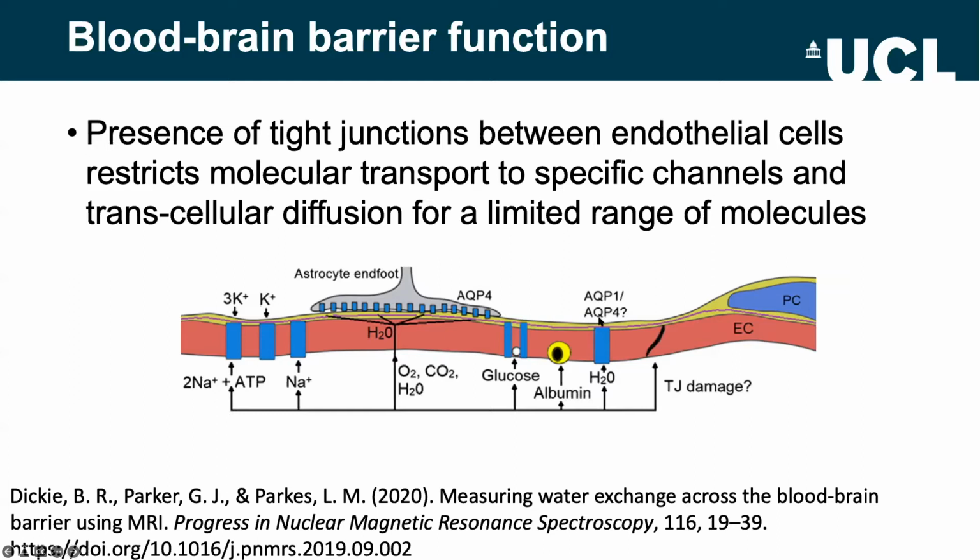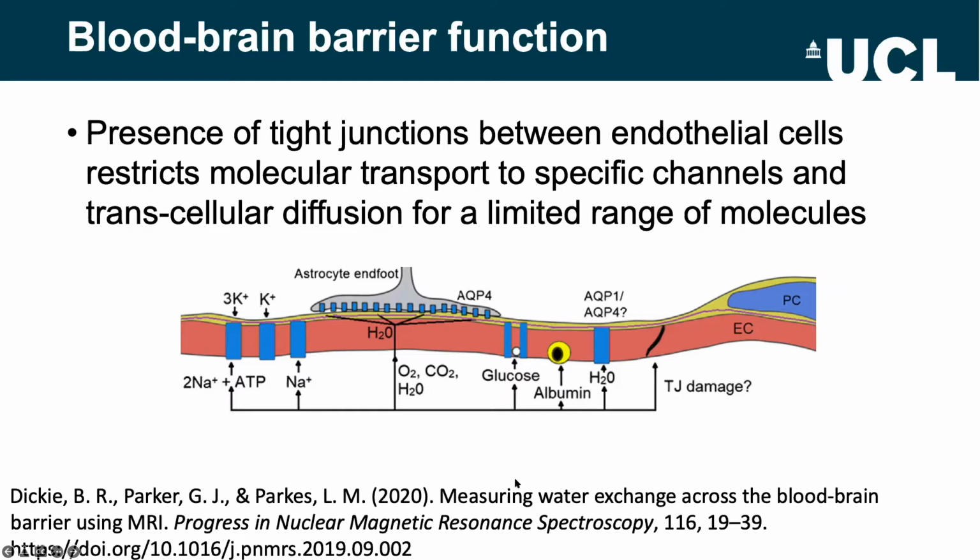This AQ stands for aquaporin. And aquaporins are a class of transporter that actively move water from one space to another. And here we've got aquaporins in the blood-brain barrier, which are transporting water through the blood-brain barrier. They're also present on the astrocyte end feet. We have aquaporin transporters here as well. So water can get from the blood into the brain through that actively transported mechanism via the aquaporins.